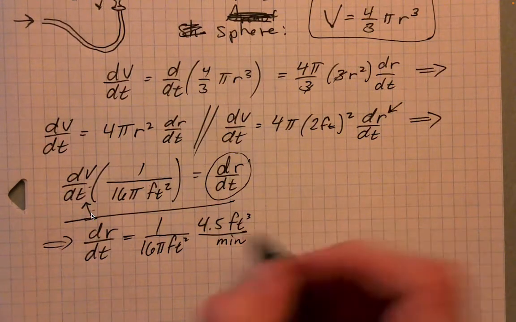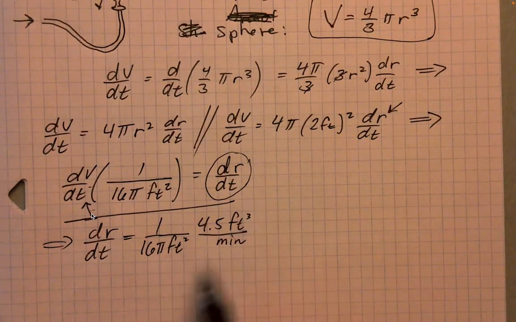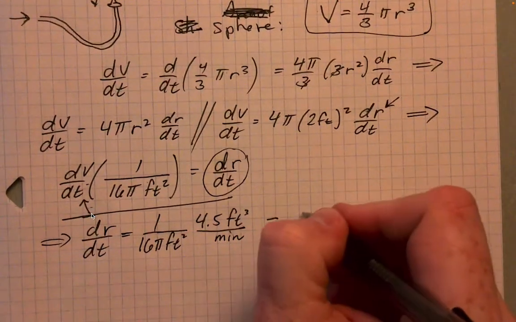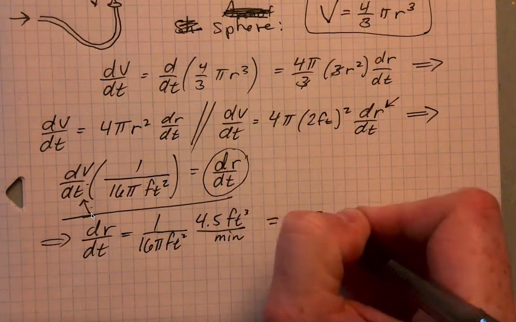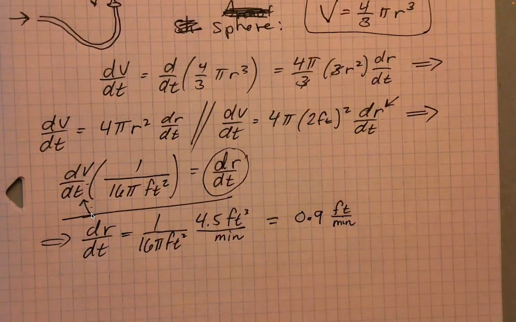And when you do all of that, notice the feet will cancel, right? You've got feet squared here and feet cubed there, that'll cancel. When you plug all of this in, you get something like 0.9 feet per minute.